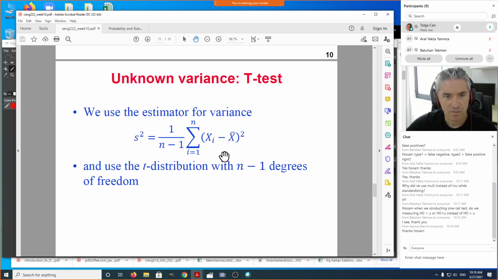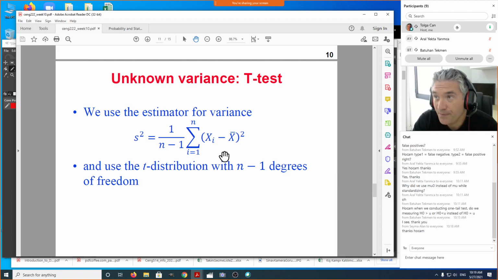Okay, so here I want to check the book on this actually. At the beginning of this lecture, I told you that we conduct a t-test only when we have a small sample, right? Now, from these slides, I understand that when we have unknown variance, we always conduct a t-test whether the sample size is small or large.